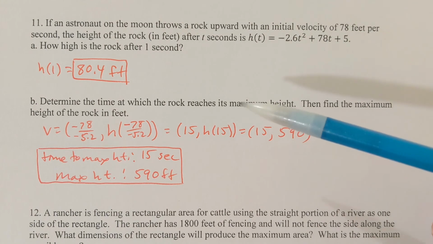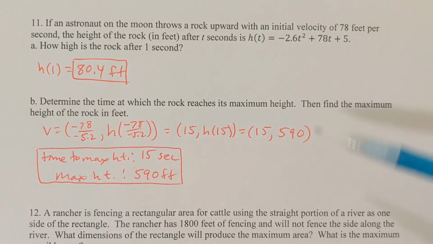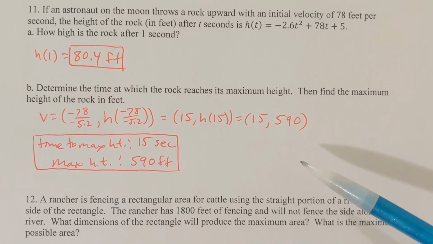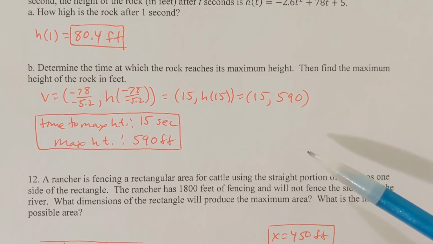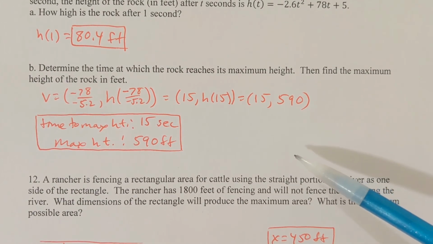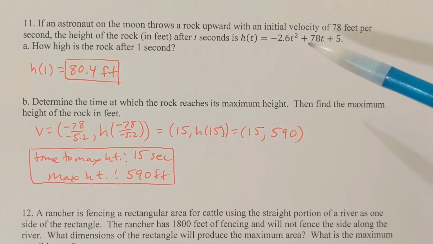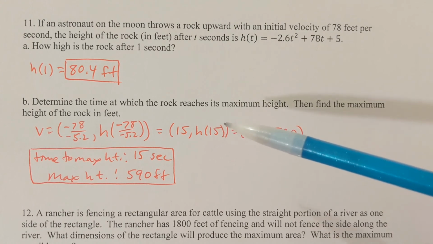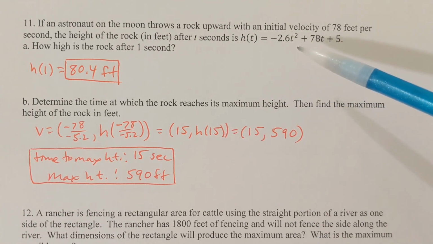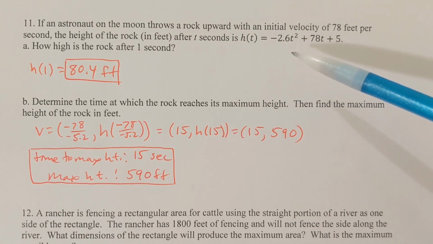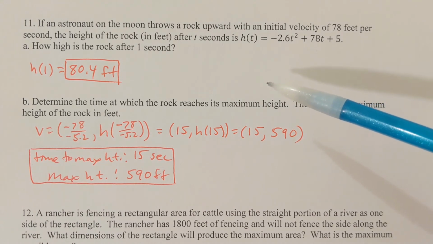Okay. Part B, determine the time at which the rock reaches its maximum height, and then find the maximum height of the rock in feet. Well, I need to calculate the vertex, because I know it's a parabola opening down. I just need to know how tall it is.